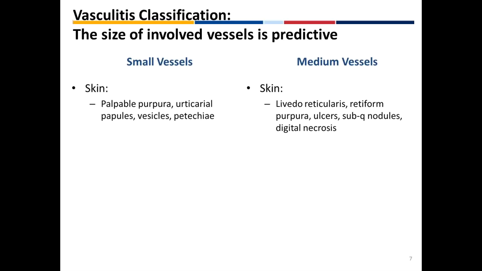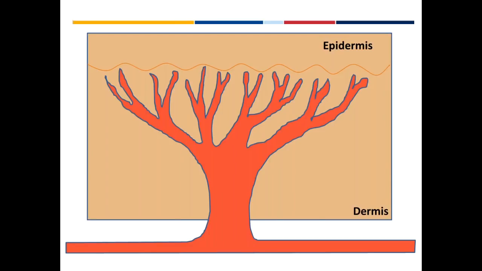And so for small vessel vasculitis in the skin, for instance, you might see what we call palpable purpura, which are flat and raised purple spots on the skin, hive-like lesions, urticarial papules, blisters, little purple dots. For medium vessel disease, you'll see larger lesions, so what we call livedo reticularis, this kind of net-like purplish process, retiform purpura, which is basically bruising that's in a jagged pattern, or ulcers or nodules under the skin.